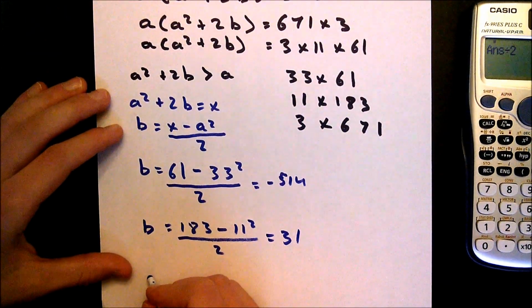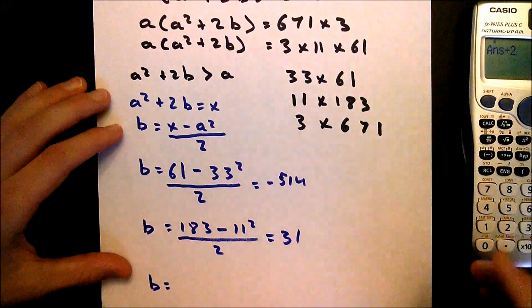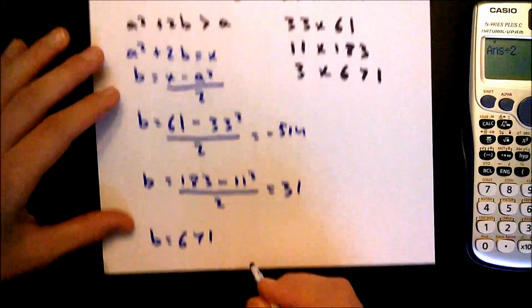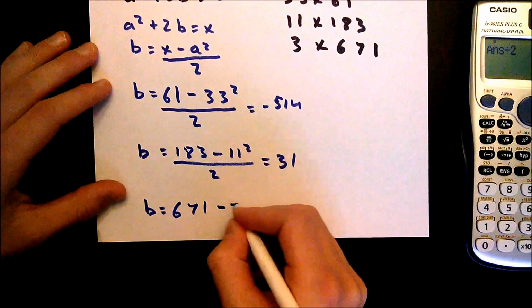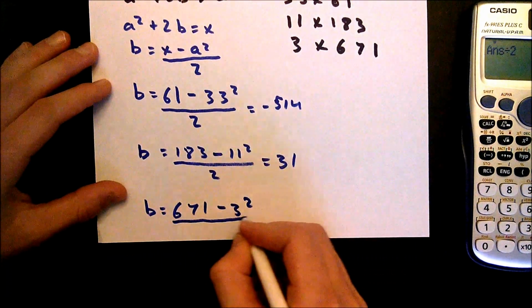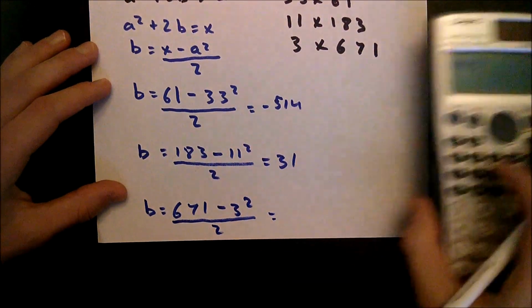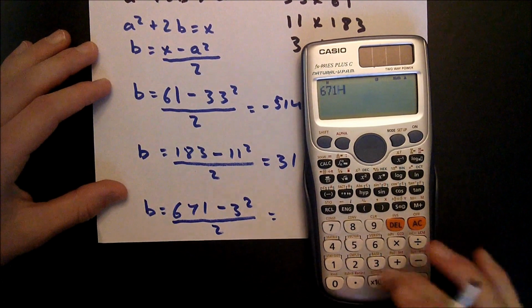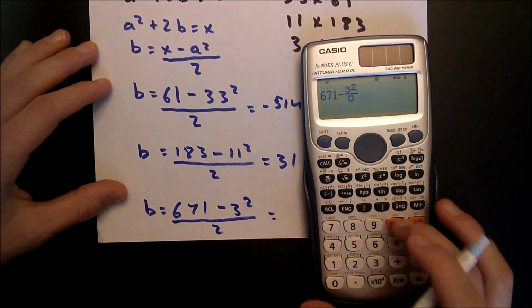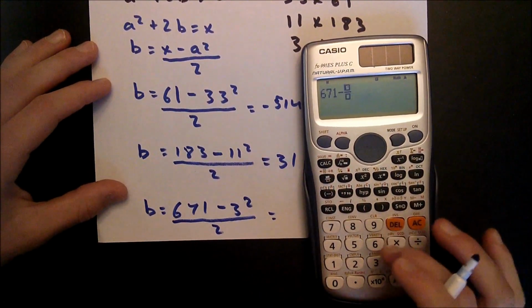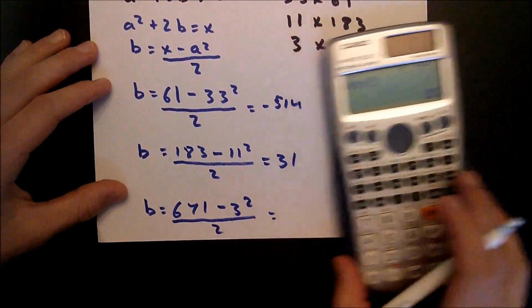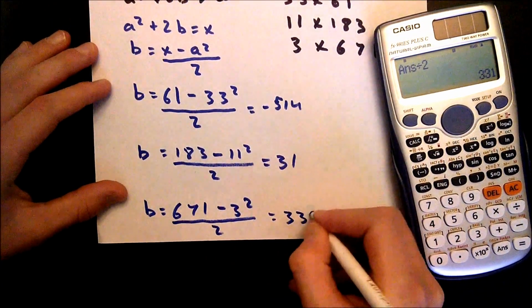And for the last one, b equals 671 minus 3 squared, divided by 2, and we get 331.